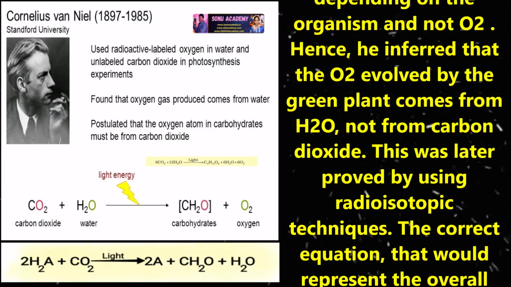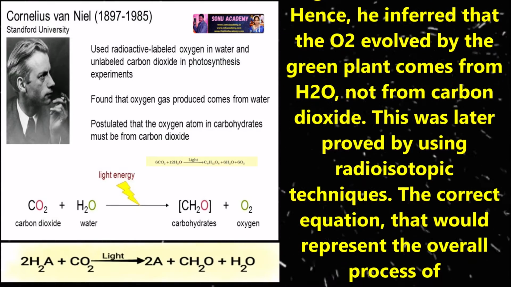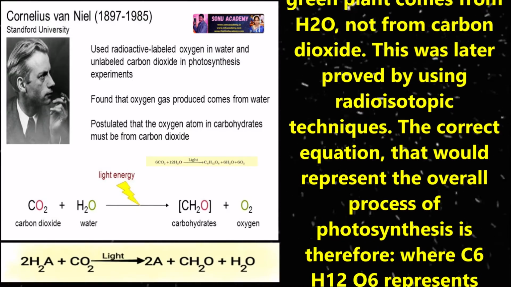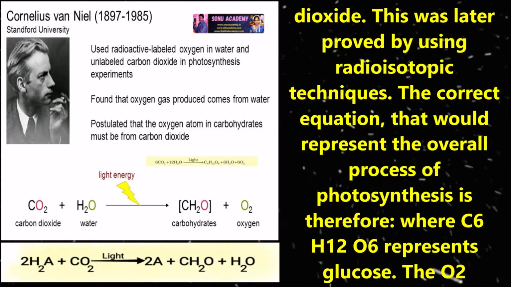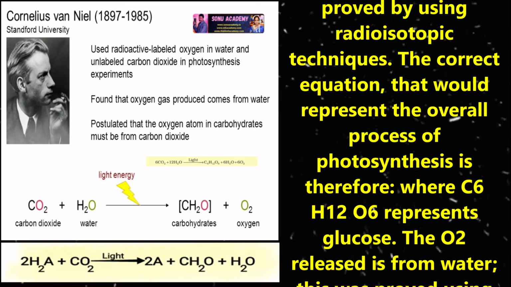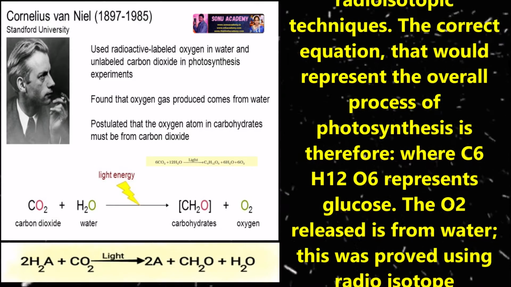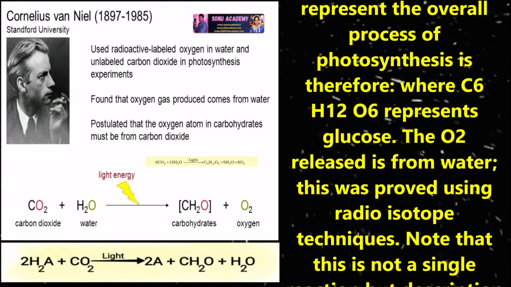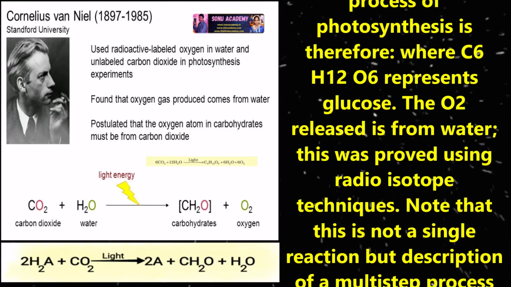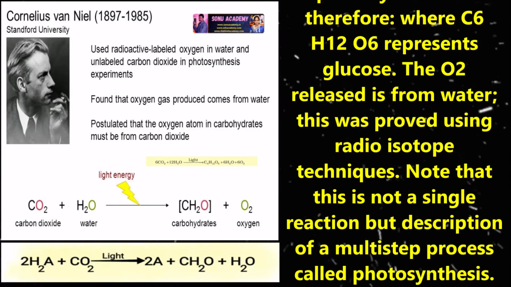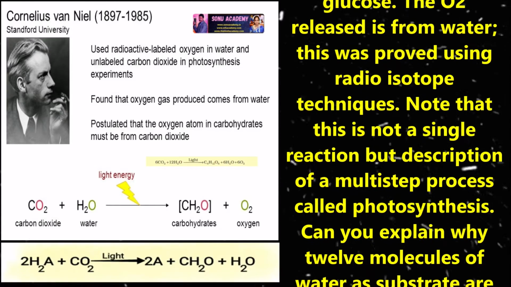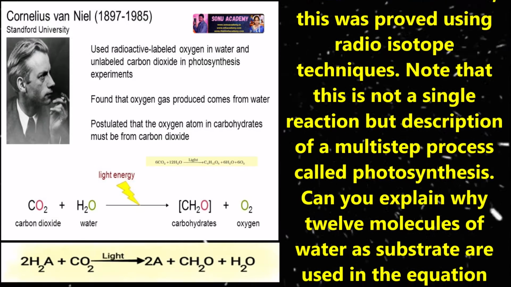This was later proved by using radioisotopic techniques. The correct equation that would represent the overall process of photosynthesis is therefore 6CO2 plus 12H2O gives rise to C6H12O6 plus 6H2O plus 6O2, whereas C6H12O6 represents glucose, the O2 released is from water.